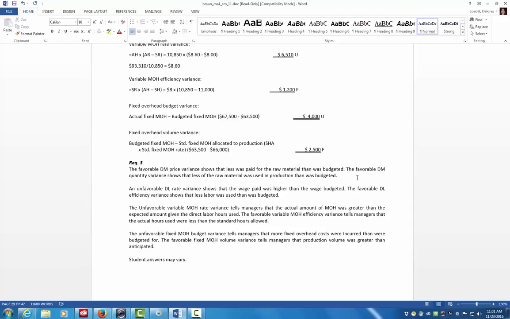The fixed overhead volume variance is the budgeted fixed manufacturing overhead minus the standard. So budget is 63,500 and the standard being 66,000.